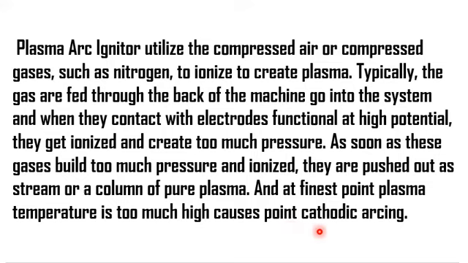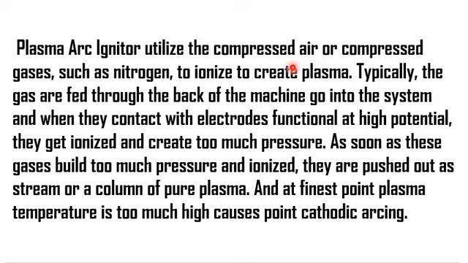So let's explain this in simple words: how the plasma arc igniter works. Basically, dear student, a plasma arc igniter uses compressed gases. The gases are fed from outside the plasma arc igniter chamber into the instrument.